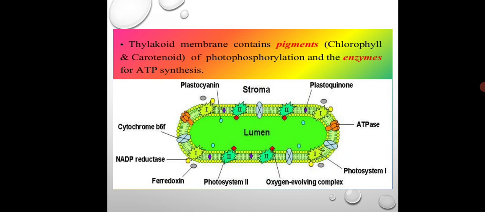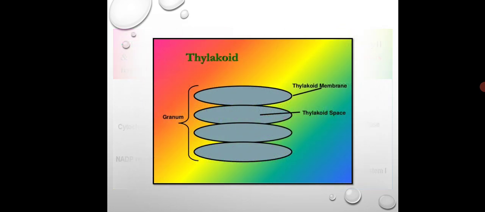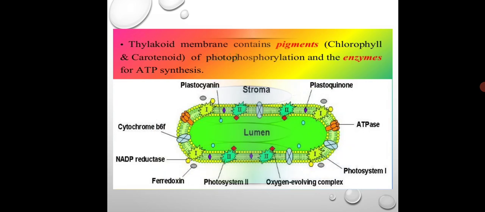If we take just one thylakoid sheet, suppose this upper layer thylakoid plate we have taken, and this is the membrane of that thylakoid sheet. This membrane of the thylakoid sheet contains photosystems. As I told, it is the site of the reaction center.